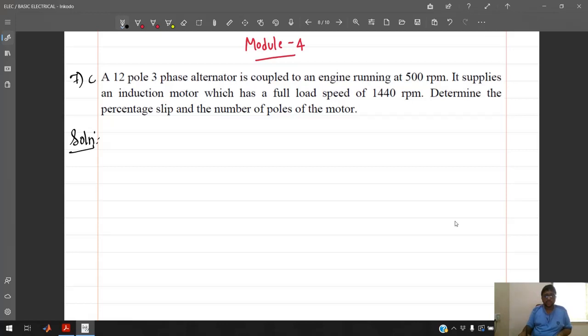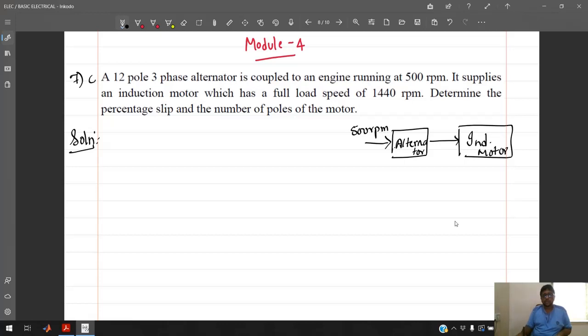Now it has been given that the induction motor is supplied by the alternator. So the alternator feeds your induction motor. As you know, the input to the alternator is through the engine, which is running at 500 rpm.